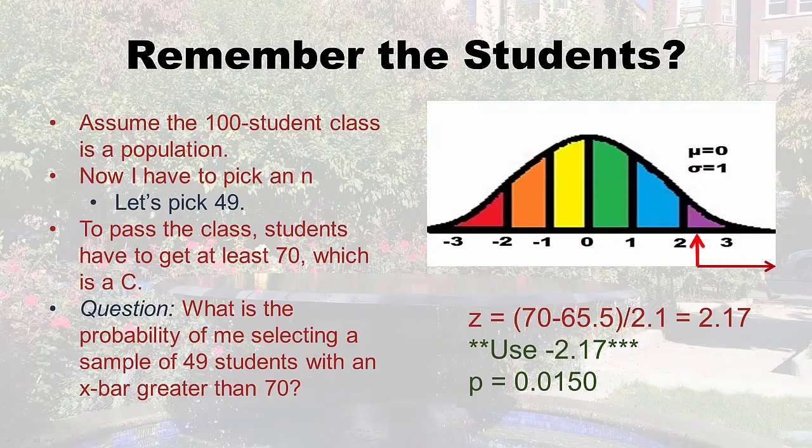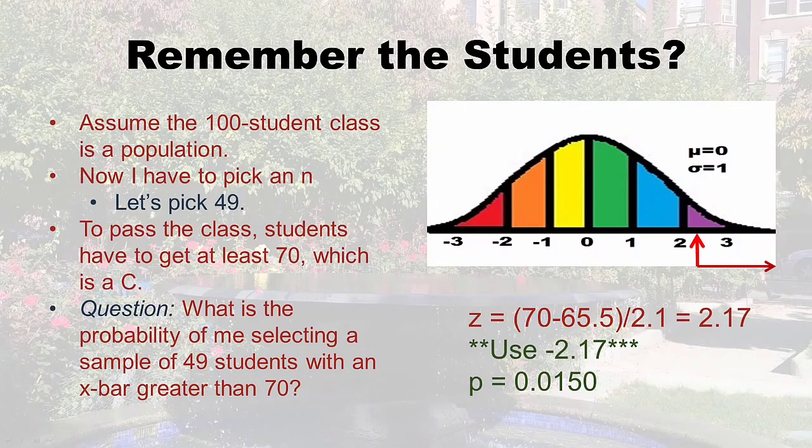There's, remember, two ways of doing this, but everybody seems to prefer the way where you use the opposite z if you're looking for something to the right. So we're going to use negative 2.17 to get the little piece, right? Because when you look that up, I'm not going to demonstrate. You guys are good at this now. You get p equals 0.0150. If you were to look up 2.17, then you'd get the big piece. So that's why we do this.